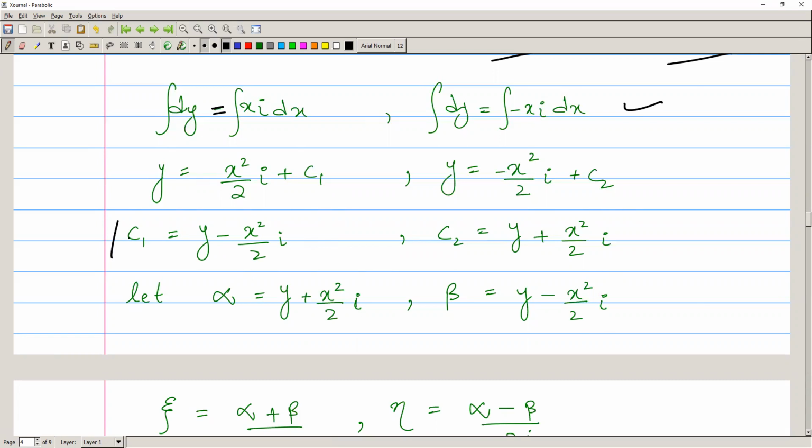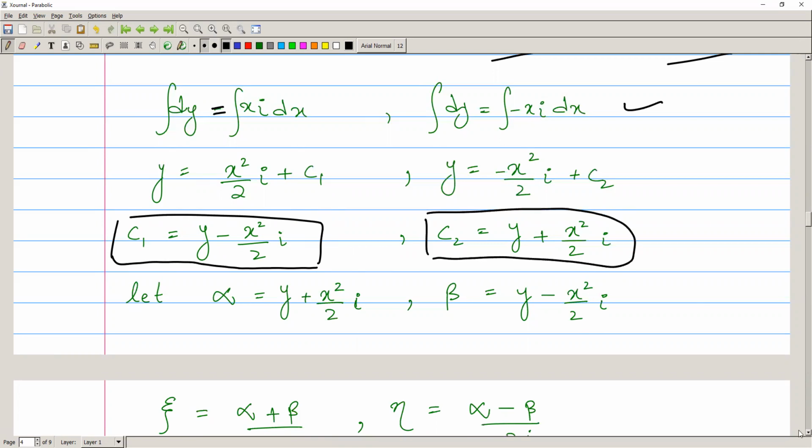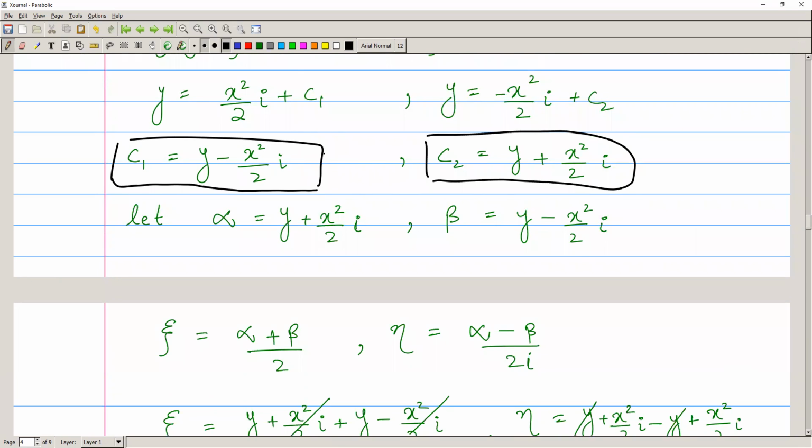Now, what is different from previous lessons starts from here. In the previous lesson, we plugged psi in place of c1 and eta in place of c2, assumed two functions, and then solved the equation.